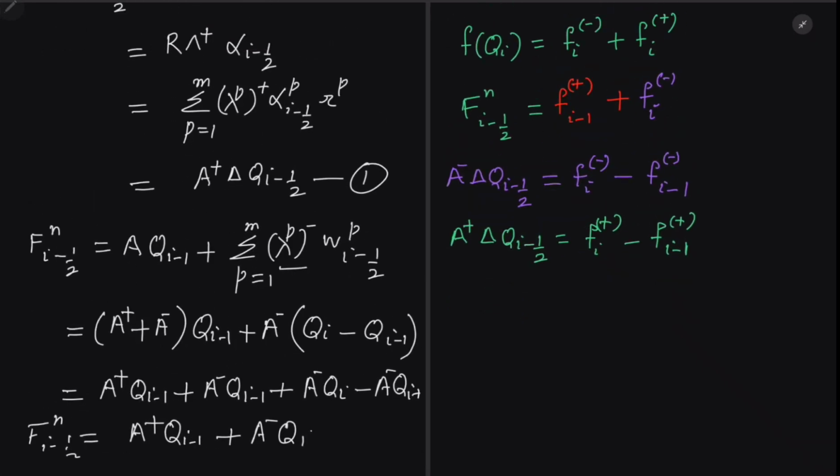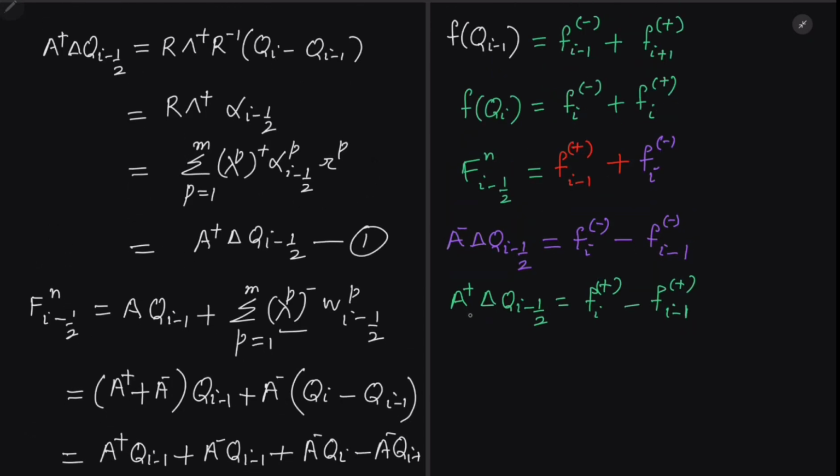So for these two values, A negative delta Q and A positive delta Q at i minus 1 half, if there is a negative sign, we get the negative sign for cells i and i minus 1. When we have the plus sign, then we have plus over here, at cells i and i minus 1. So this is a negative and a positive. That's how the flux differencing has been done.